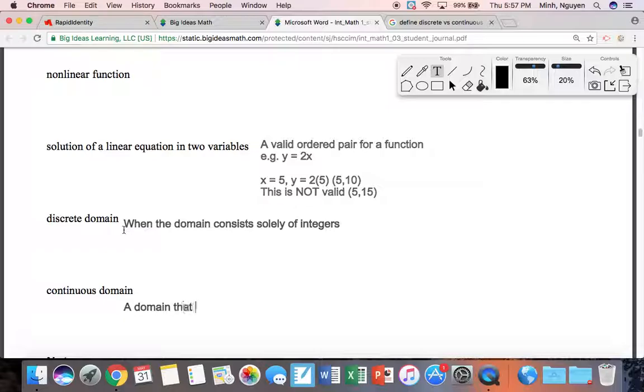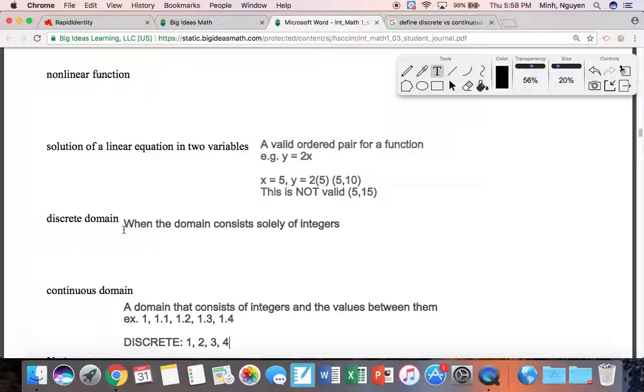A domain that consists of integers and the values between them. For example, 1.1, 1.2, 1.3, 1.4, whereas discrete would be 1, 2, 3, 4. So discrete is integers only, continuous is integers and everything in between.